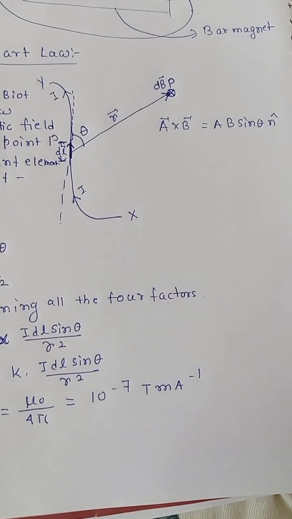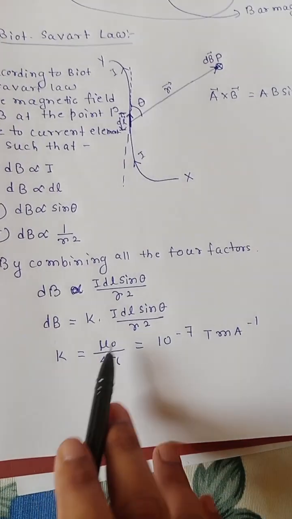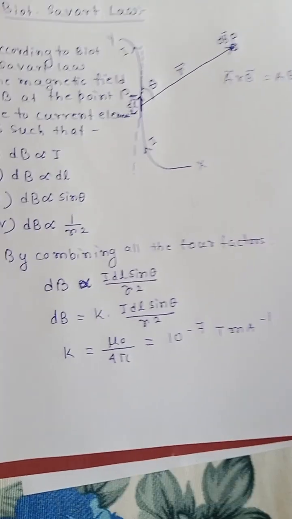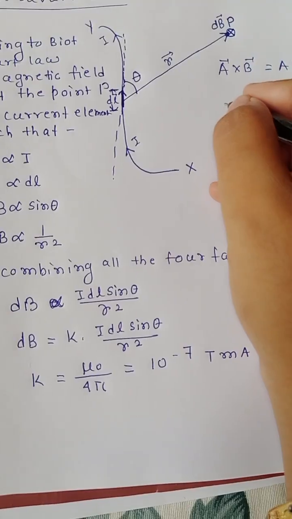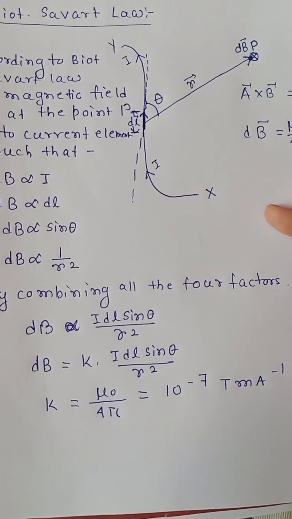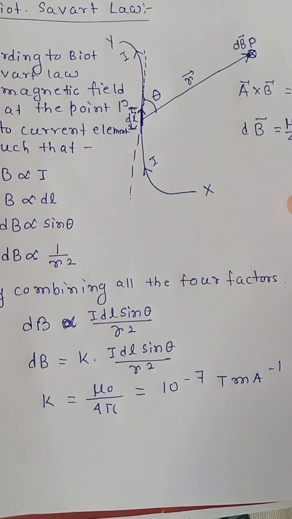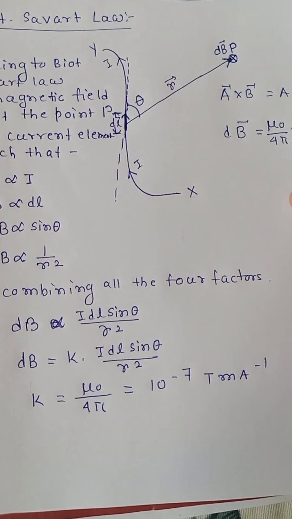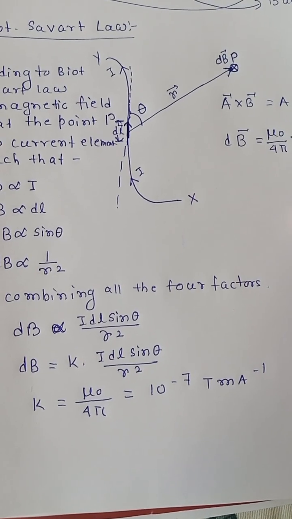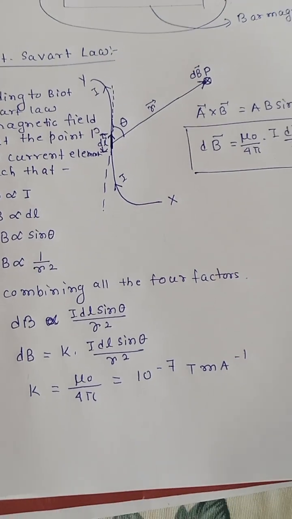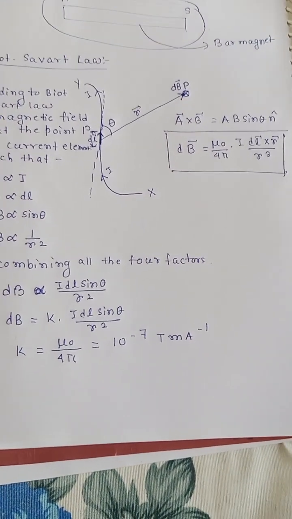Here too the sine theta term is there, so you can say dB vector equals mu naught by 4 pi into I, dl cross r vector divided by r cube. This is the vector form of Biot Savart law.